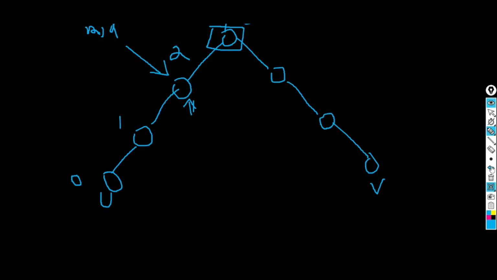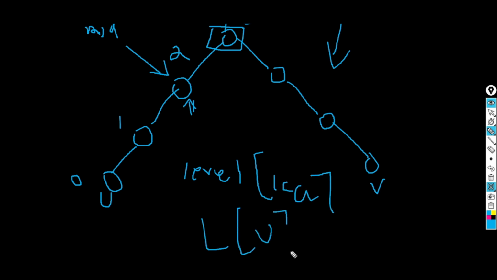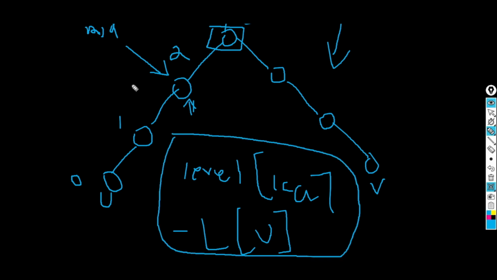Otherwise, if this mid lies on this side, the number of nodes between LCA and u, level of LCA minus level of u, is going to give me the number of nodes in this side.